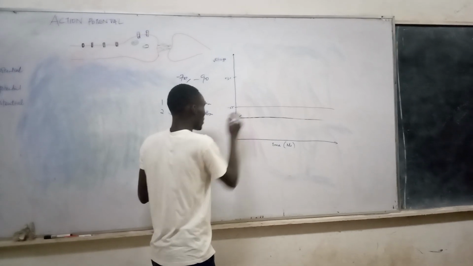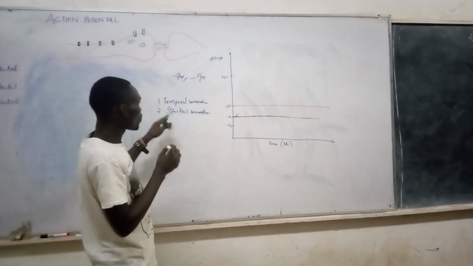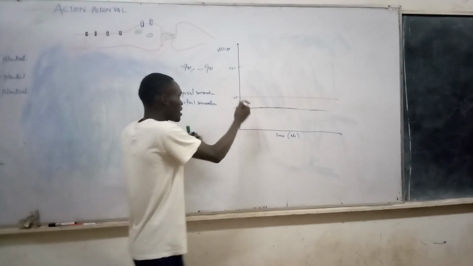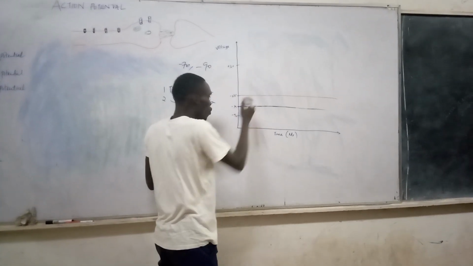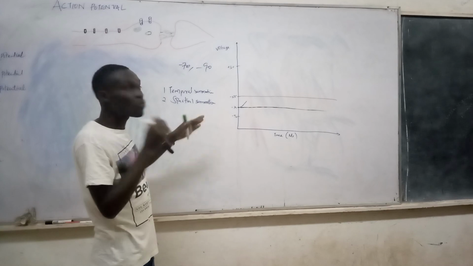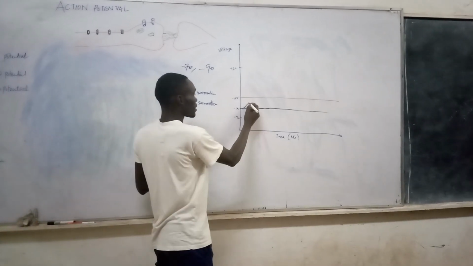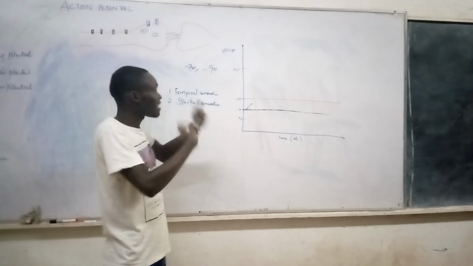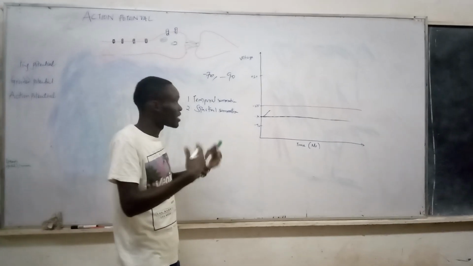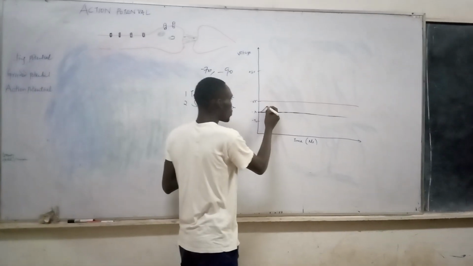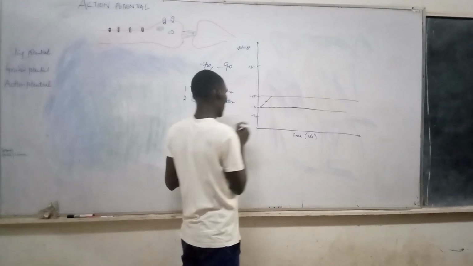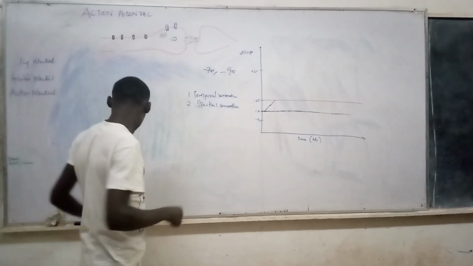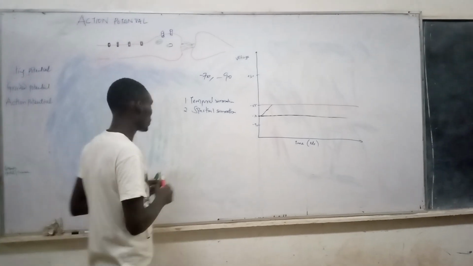Once we have repeated stimulations, when there is no adequate stimulation, the membrane can go part of the way and come back to negative 70. But where there are enough repeated signals, the membrane goes to negative 55.